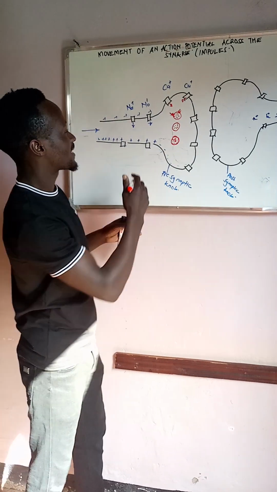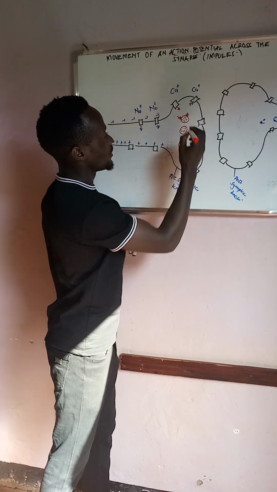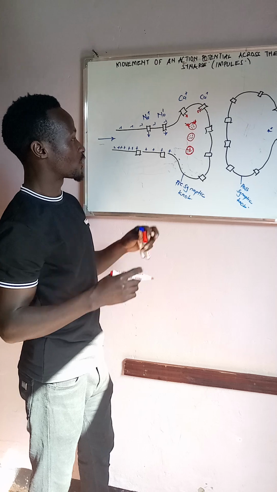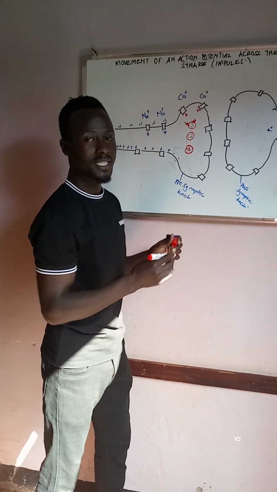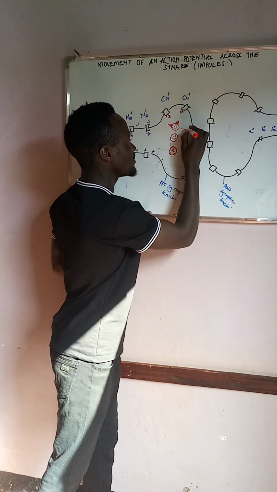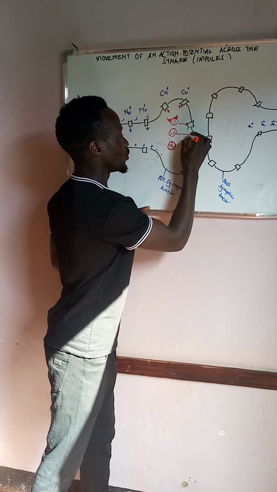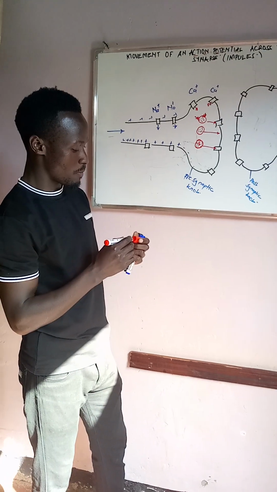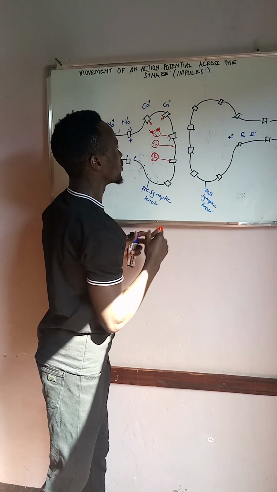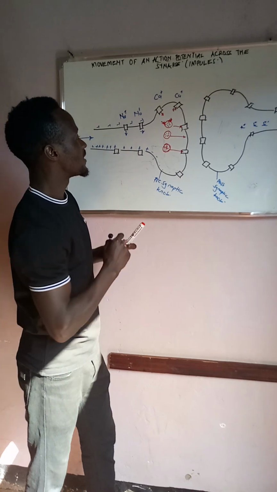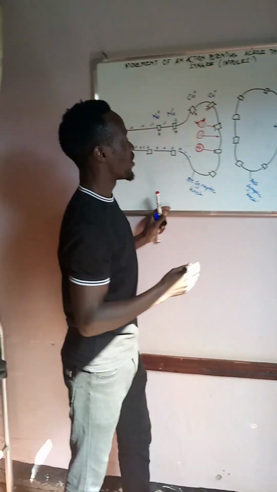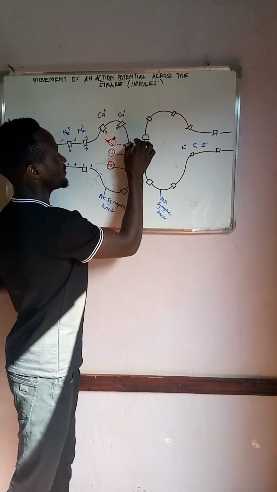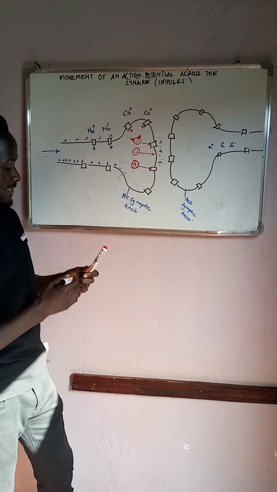Once calcium accesses the inside of the neuron, it binds to the vesicles that contain the neurotransmitters. So what happens? The neurotransmitters will move towards the membrane of the presynaptic node. So they will bind to the membrane of the presynaptic node and release the neurotransmitters.